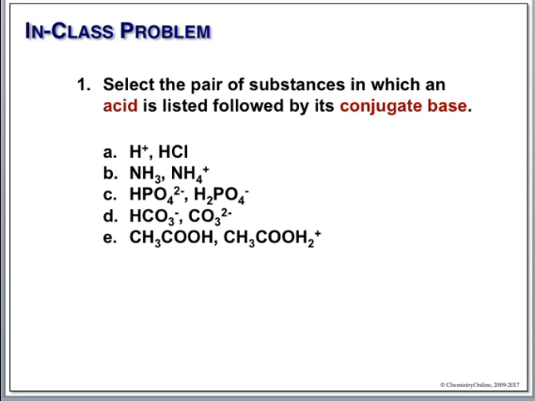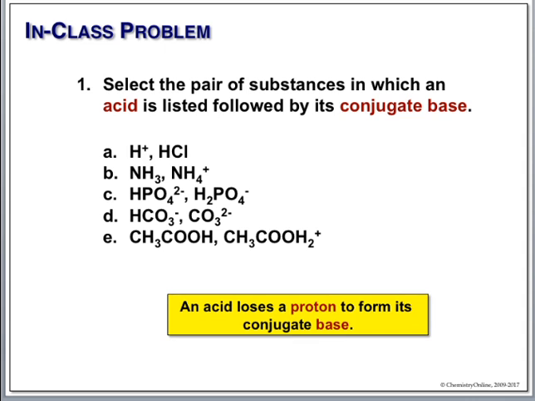The only thing that happens to an acid is that it loses its proton and gains a negative charge. That's the only thing that happens. It has to be the same compound on both sides. They differ by a proton and a negative charge. Acid loses the proton to form its base.